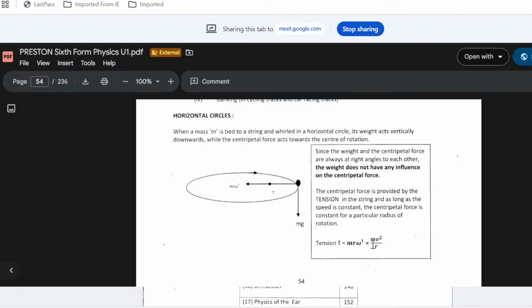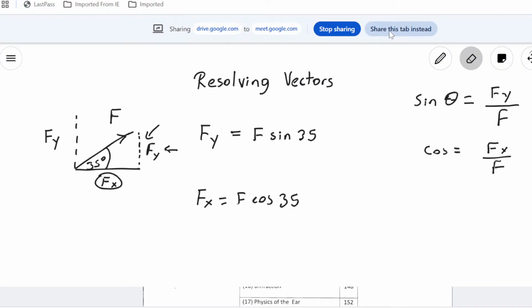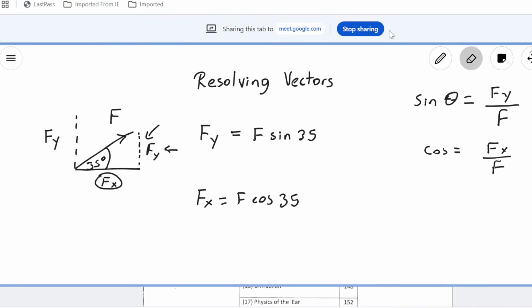How would you calculate omega? Omega equals 2 pi over T, or 2 pi f. It's a very important equation because again it will appear in waves. This same omega.